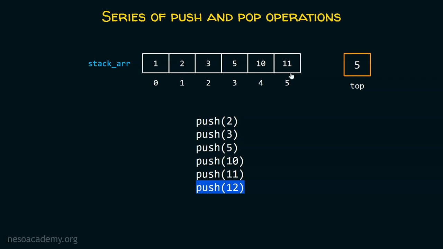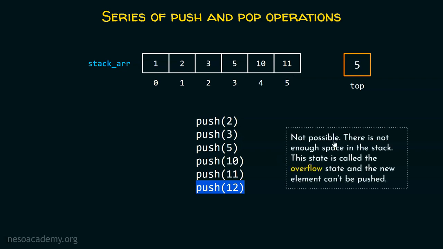Right now the stack is full, therefore it is not possible to put this element inside the stack. There is not enough space in the stack. This state is called the overflow state. Please remember that when the stack is full, it is called the overflow state and the new element can't be pushed. That's why it is called the overflow state, right?